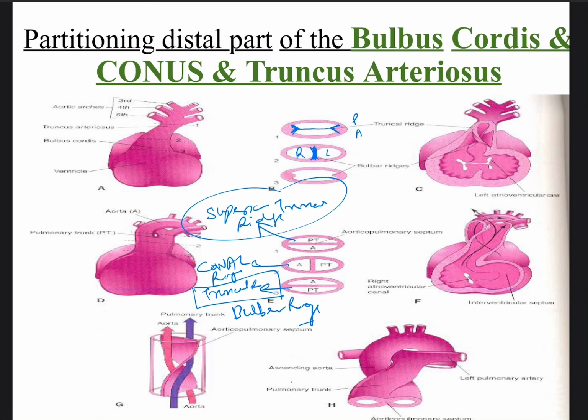In the initial part, the pulmonary trunk is anteriorly situated. But in the next segment, this pulmonary trunk is shifted toward the left side.